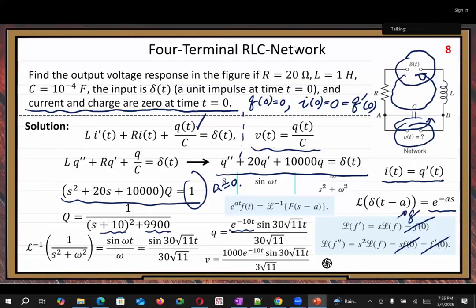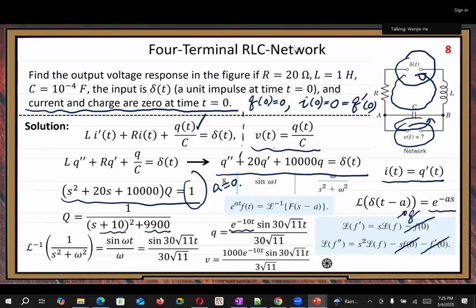Next we can start a new part, part C. We will learn some more important tools and methods about the Laplace transform.